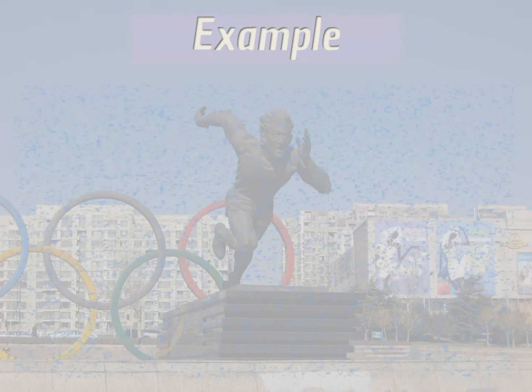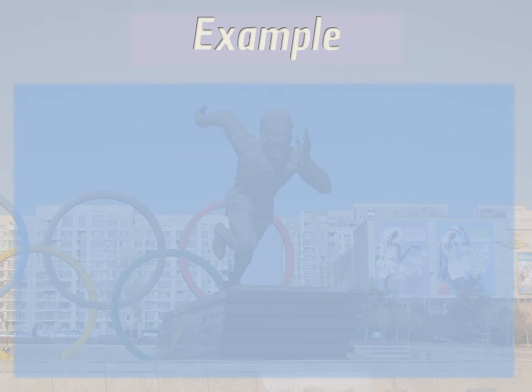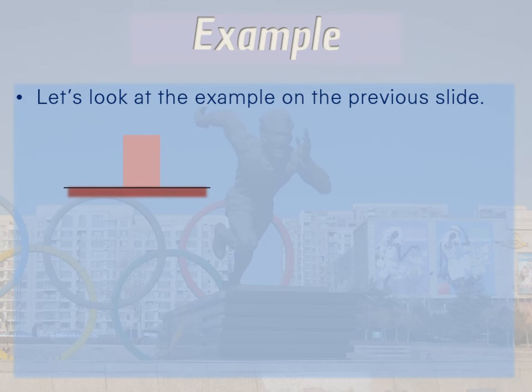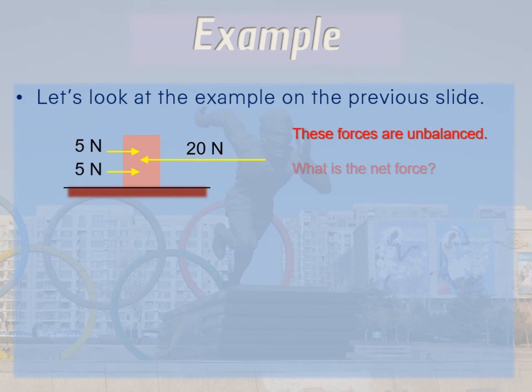So let's just cover that example from the last slide. It's not particularly complicated. So we have, if you remember, 10 newtons acting to the right and 20 newtons acting to the left. So what we have to remember is these are vector quantities, so direction is important. The good news is that all of them are acting along a single axis of propagation, in other words, a single line for all the forces, which means we can just simply add and subtract the forces.